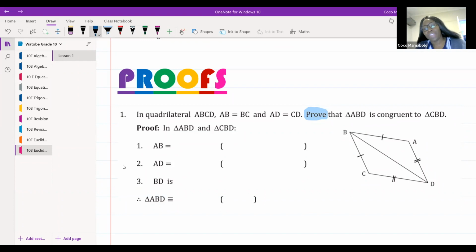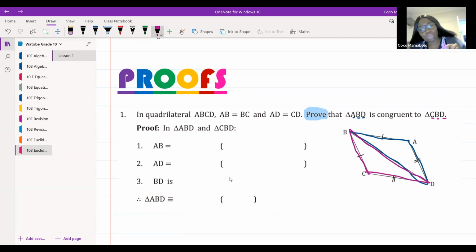It says here, prove that triangle A. So I'm going to go to my drawing and I'm going to make sure that my triangle moves in that exact same order. It starts at A to B to D. Prove that that triangle in that order, A, B, D, is congruent to triangle C, B, E, close triangle, and K.